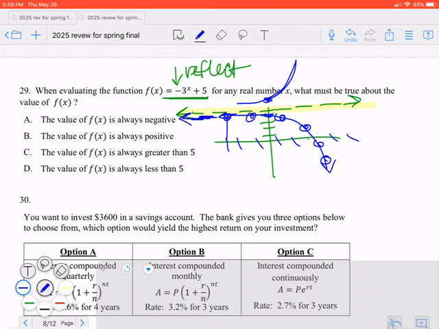It never crosses the asymptote. And on the right-hand side, it just keeps getting lower and lower. So the value of f of x is always negative? That's not true, because our value of f of x from that section is positive. The value of f of x is always positive? Not true. This portion of it is negative. The value of f of x is always greater than 5? Nope, less than 5.